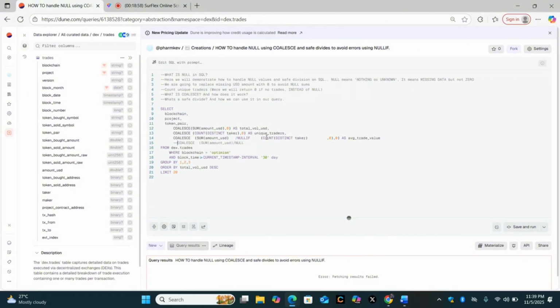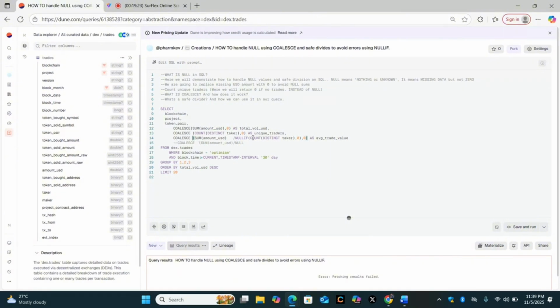Then let me bring all this back so that I can now explain it better. Just come with me. Okay, so now we've understood what this sum USD does.